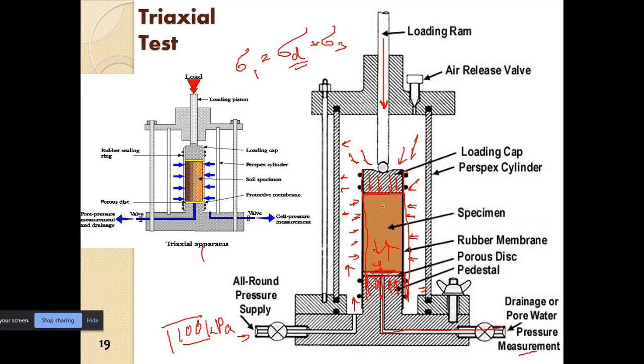So if we draw the sample like this, we have sigma 1 at the top, sigma 3 from all sides, and sigma 1 as well on the bottom. So axially we have sigma 1 and from all sides sigma 2 is equal to sigma 3. That is the axisymmetric condition of loading. That is the triaxial test which we do.